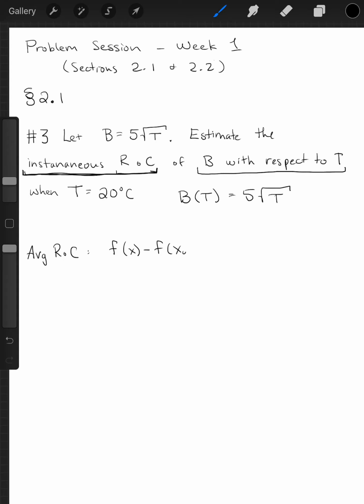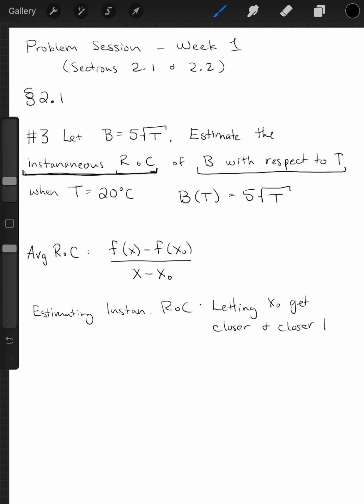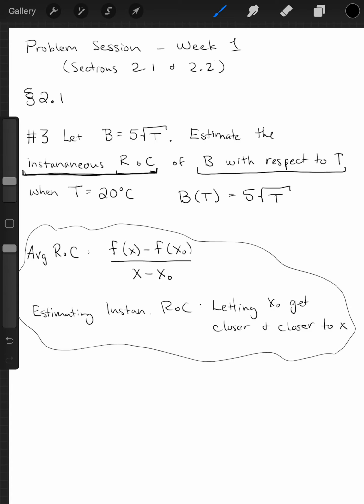This is usually f of x minus f of x naught over x minus x naught, and estimating the instantaneous rate of change means letting x naught get closer and closer to x. So that's the definition of it there.